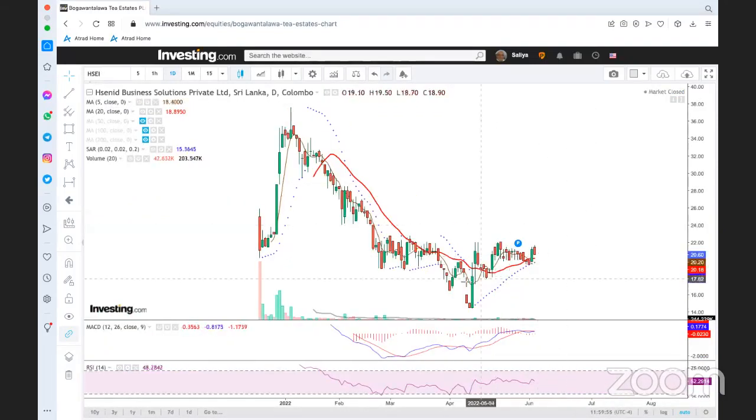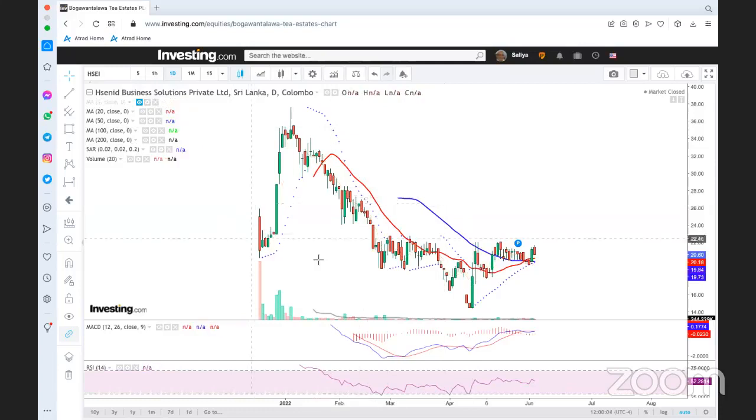Right. As far as Zenith is concerned, since you have only a short time period, you can't capture the higher time frames of the moving averages.